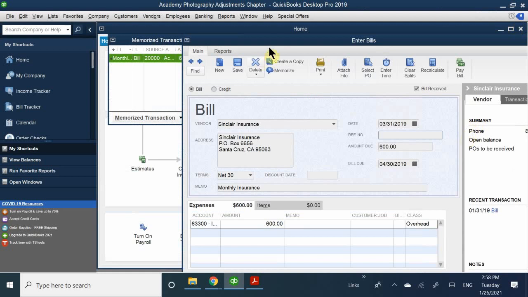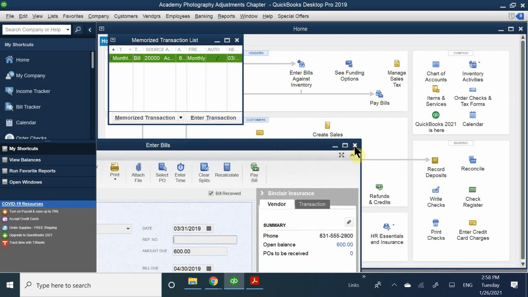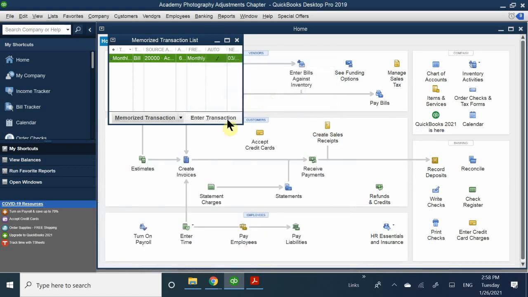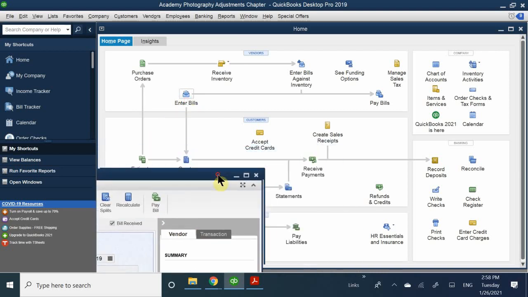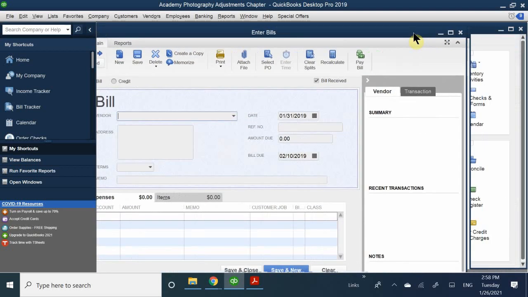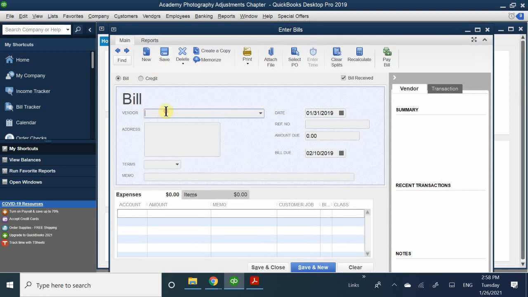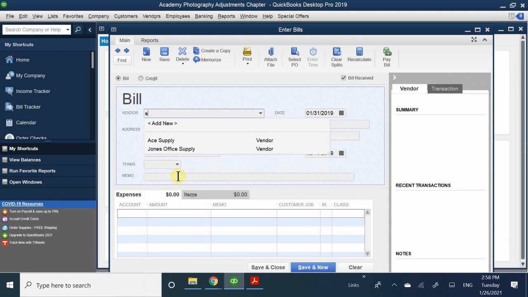Other things that can happen too, if you do memorize your transactions: I'm going to click no, because that one's set for the next month. If I do that, what happens is every time I enter in a new bill, because you use the memorized transactions, and let's say I type in Sinclair Insurance, there you go.